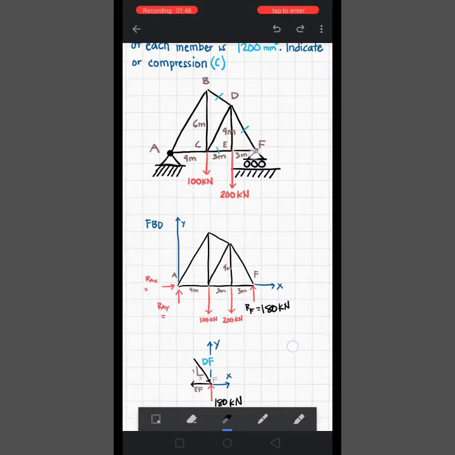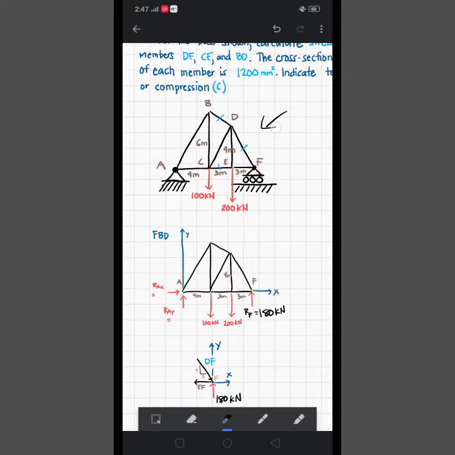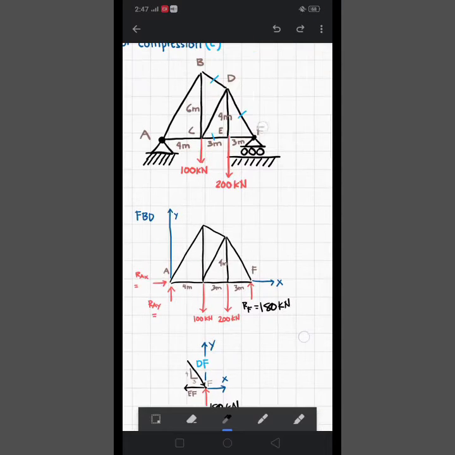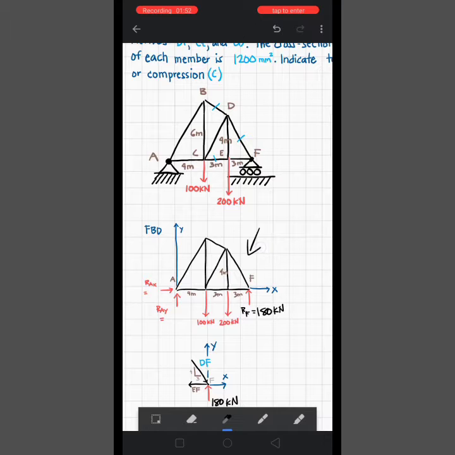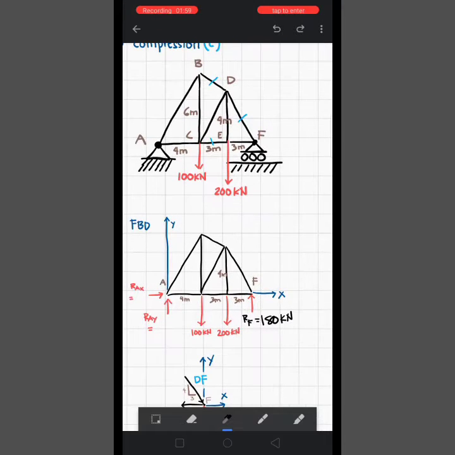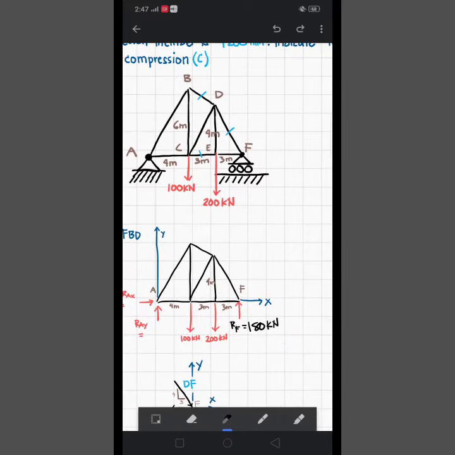So if we draw the free body diagram of this system, it will look like this. Here's the truss, the loads, and then here's the reaction.